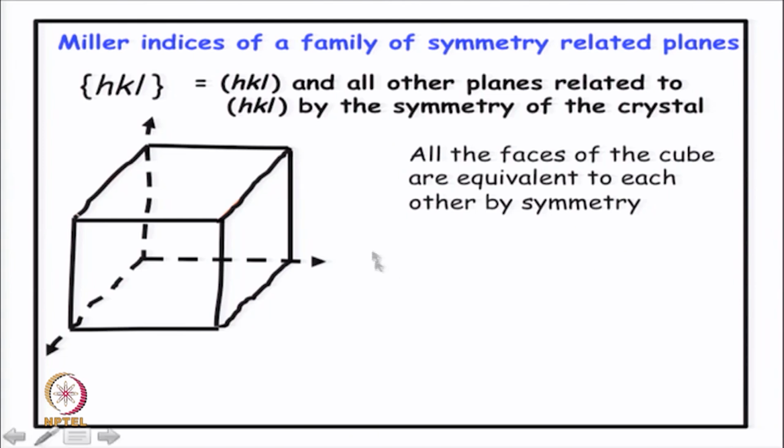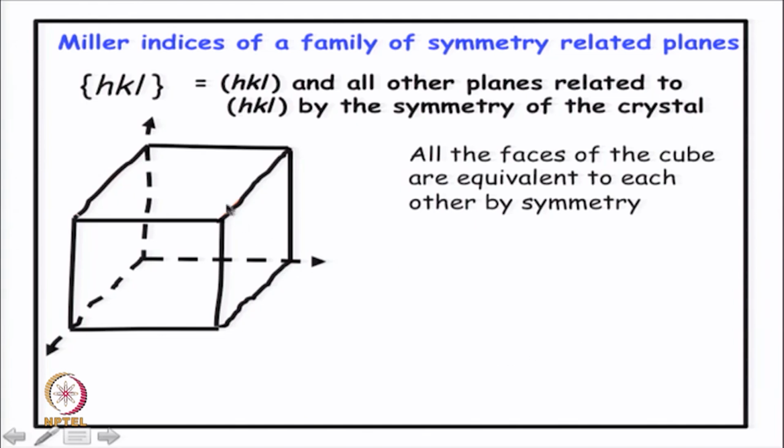So, if we have a set of symmetry related planes, then we put the indices in curly brackets. This curly bracket represents not only the HKL plane, but all other planes related to HKL by the symmetry of the crystal.